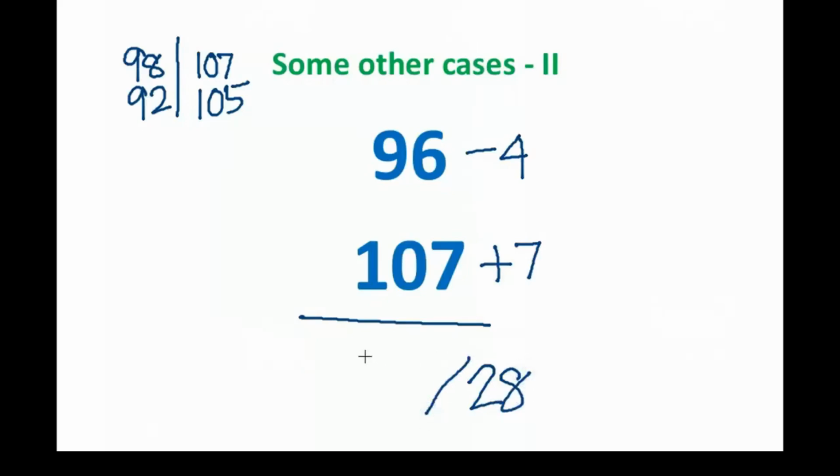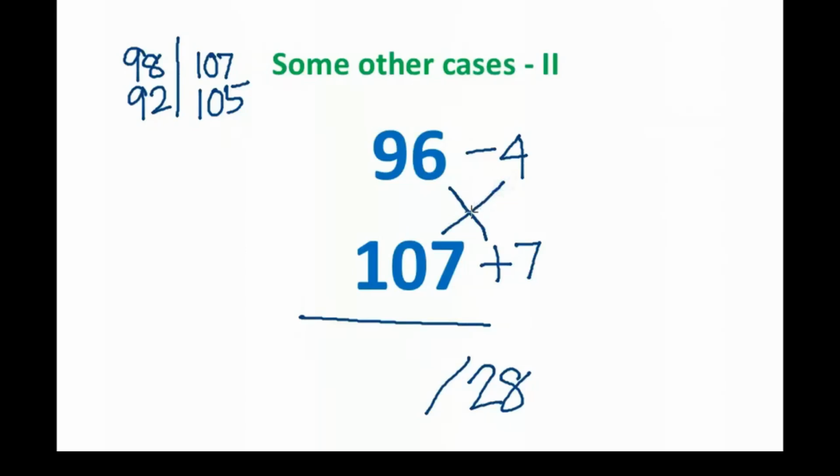What we do here is 96 plus 7, we don't do minus 7, because plus 7 is more. But see, the technique remains the same, in a diagonal way. Either we add the numbers or subtract the numbers, or we can do 107 minus 4.